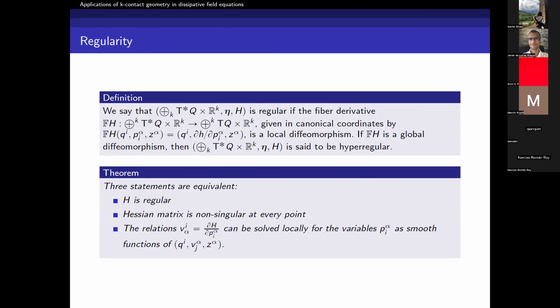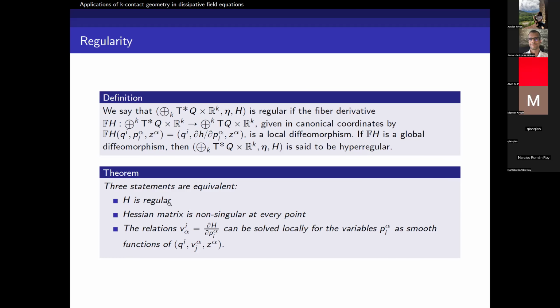So now we want to say something about the regularity. If we have a Hamiltonian k-contact manifold, we say that it is regular if the fiber derivative, which in coordinates looks like this, is a local diffeomorphism. And if the fiber derivative is a global diffeomorphism, then it is hyperregular.